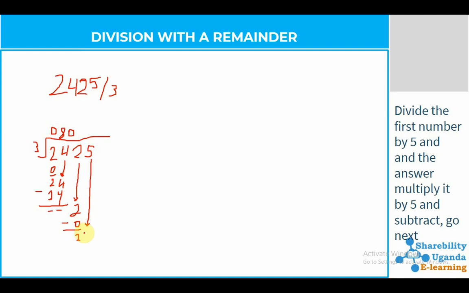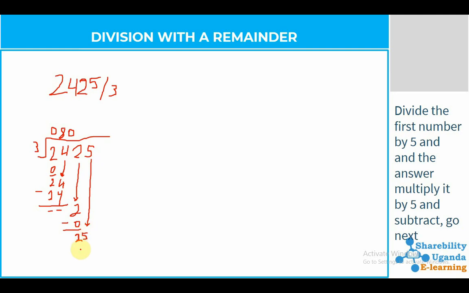Let me write it very well. This is our 2. When we brought that 5 there, it becomes 25.